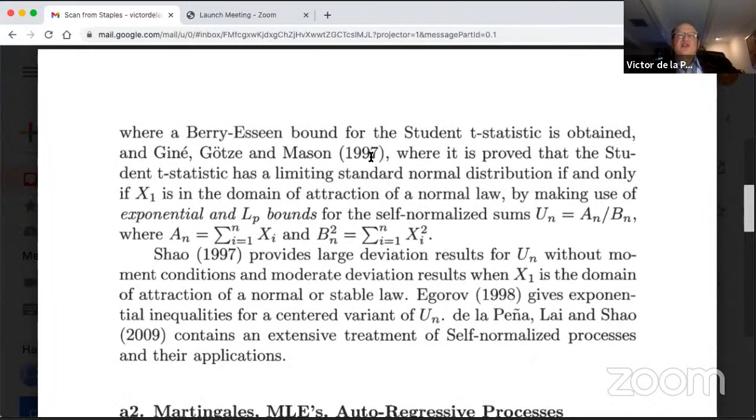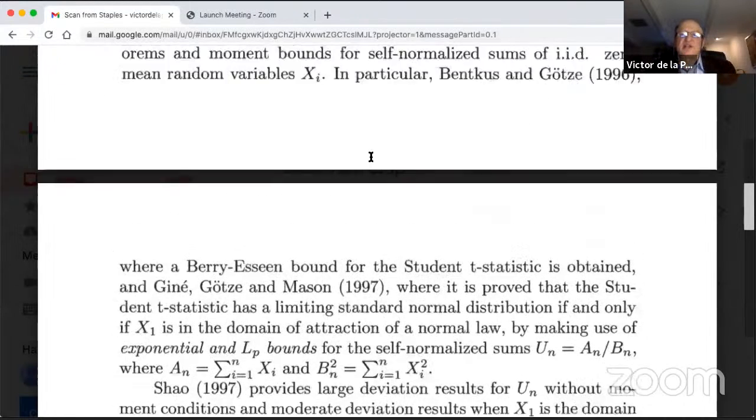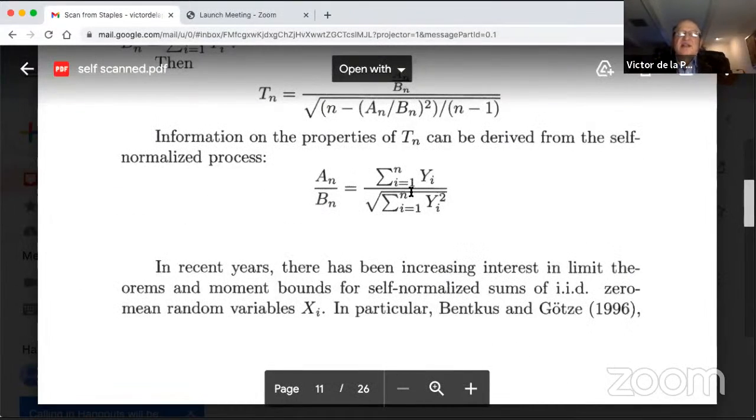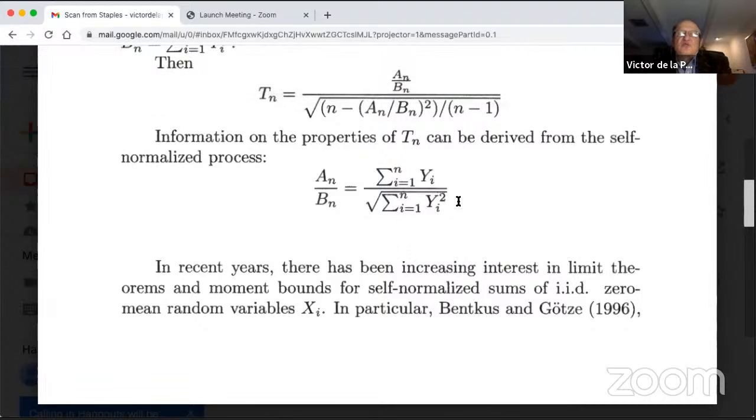Okay, so what is the connection between self-normalization and Taylor's law? I haven't spoken about Taylor's law, but this is a preview of what will happen next time. Self-normalization, I said, was taking the sum of Yi's over the square root of the sum of Yi squared. Now, what about the flip side? Suppose that I square both sides.